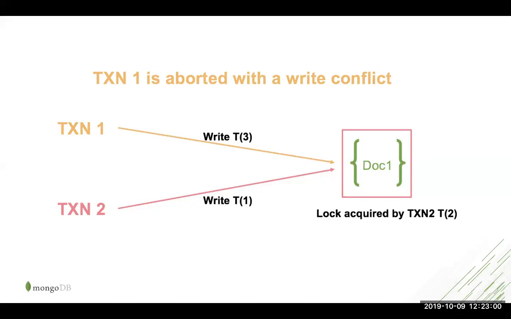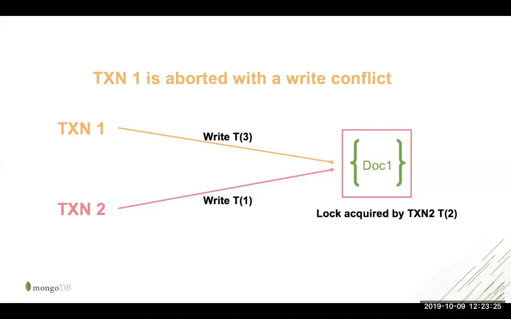What that means is, if I have an uncommitted write on a document, no other modifiers can come in while I'm holding that uncommitted write on the document. So here, the first transaction, because it wasn't able to obtain the lock, would abort with a write conflict.